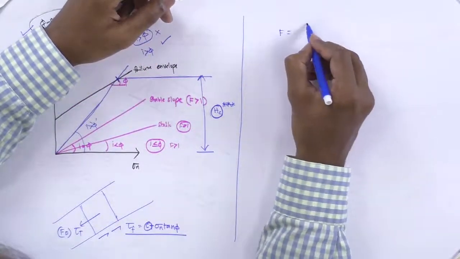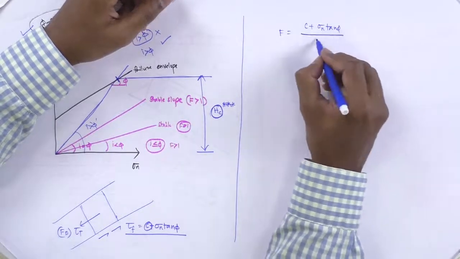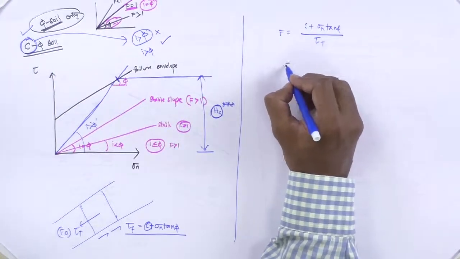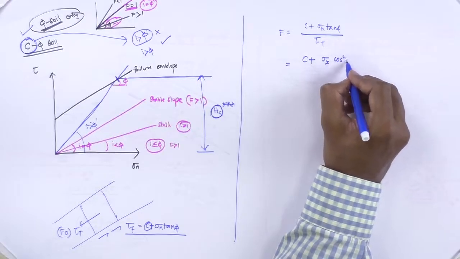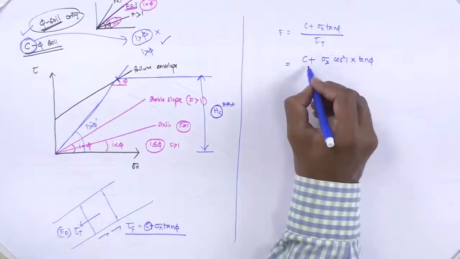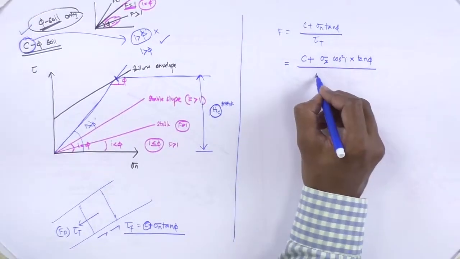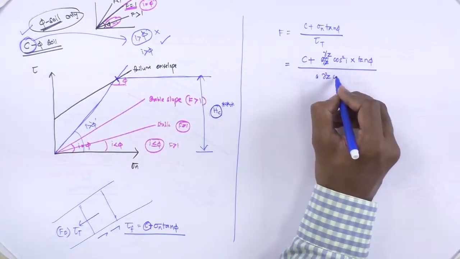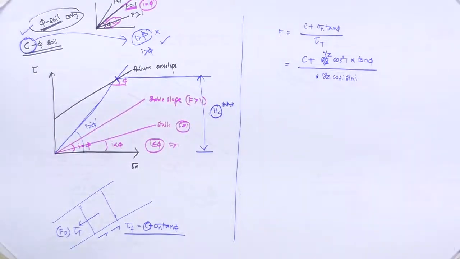The factor of safety is given by c plus sigma n tan phi divided by tau t. This can be written as c plus sigma n, which is gamma z cos square i, into tan phi, divided by tau t, which is nothing but gamma z cos i sin i.